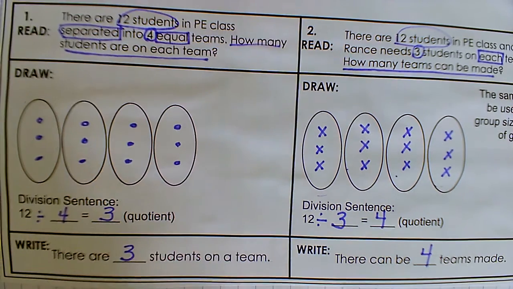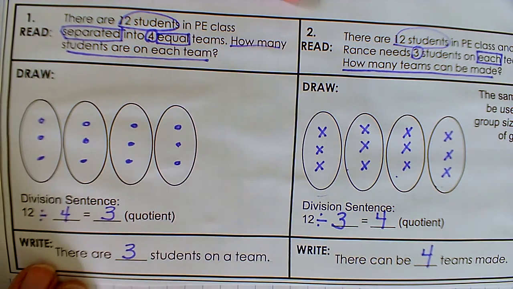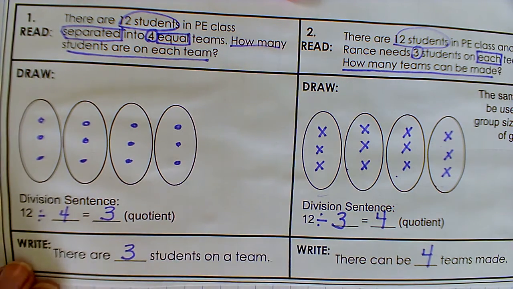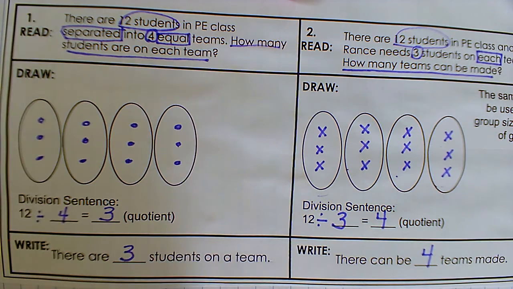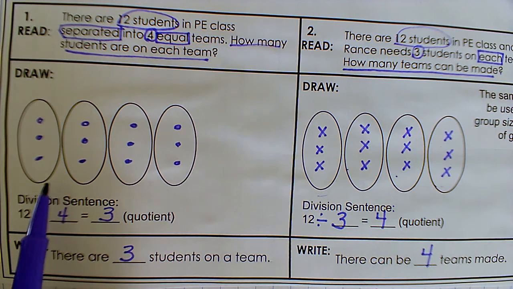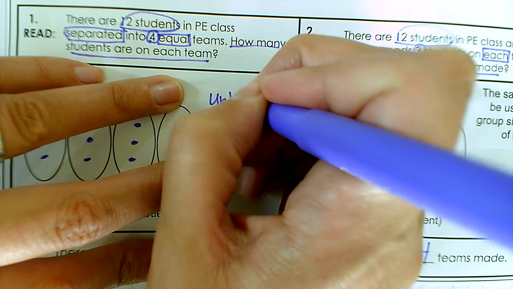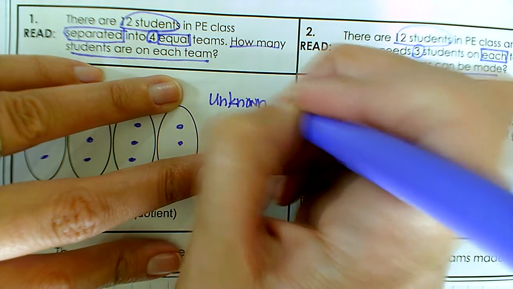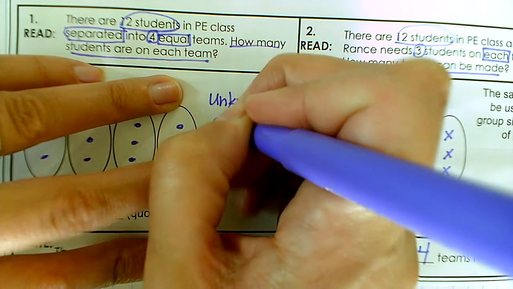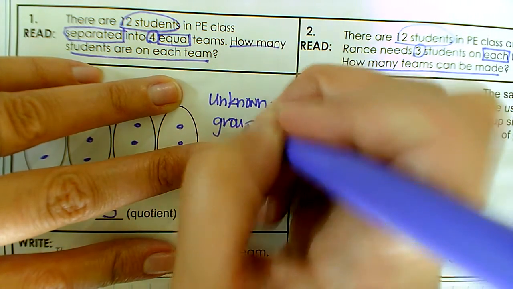So fourth graders, I want us to come and look back at this first problem. This time the unknown part was how many students on a team. So I did not know the group size. So I'm going to say the unknown was the group size.